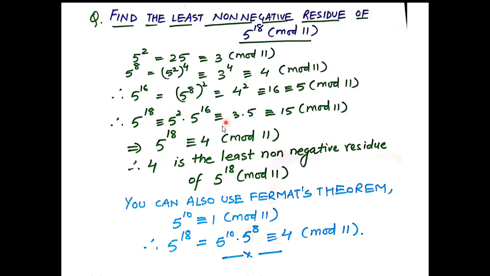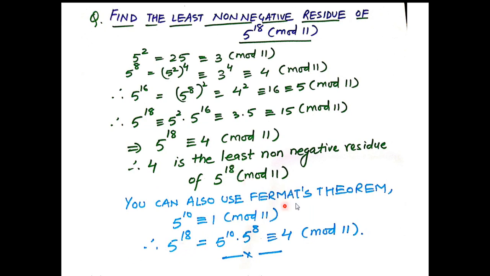Now 5 square is congruent to 3 modulo 11 and 5 to the power 16 is congruent to 5 modulo 11. Therefore 5 to the power 18 is congruent to 3 into 5, and 3 into 5 is 15. 15 modulo 11 will be 4. So 5 to the power 18 is congruent to 4 modulo 11. Therefore 4 is the least non-negative residue of 5 to the power 18 modulo 11.